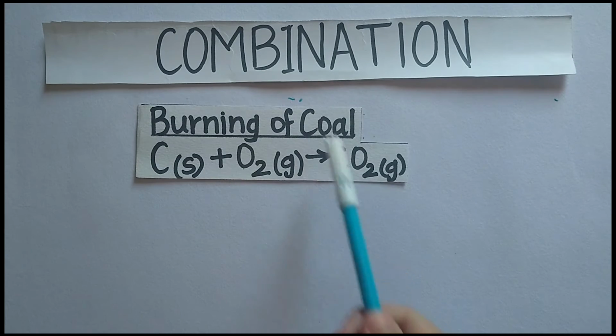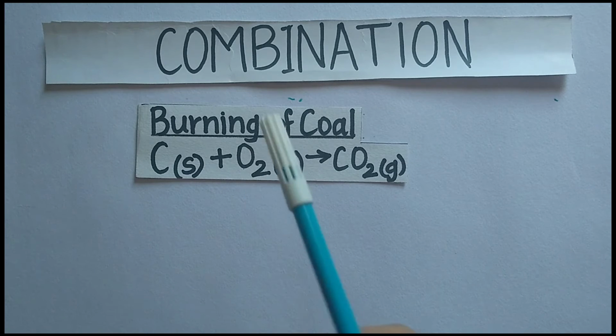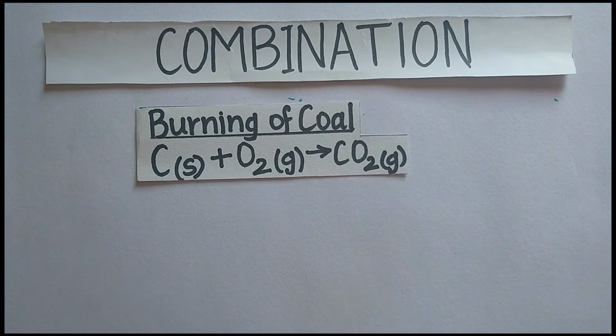Here, coal is burning to give you carbon dioxide. You can also take an example of your cars, which are burning fuel. That will also give you carbon dioxide, right? Many other things give you carbon dioxide, which is usually emission, which means burning of things.